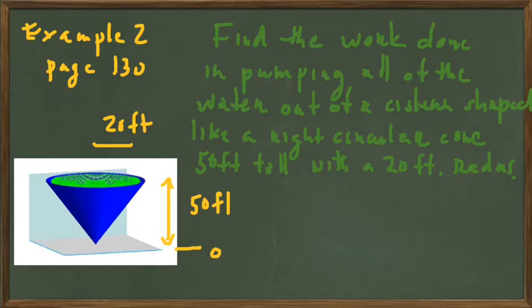And what we're going to do is pump all of the water in it out to this level right here, to the top of the cistern. So to help us do this problem, let's take a look at another couple of pictures on the next blackboard.